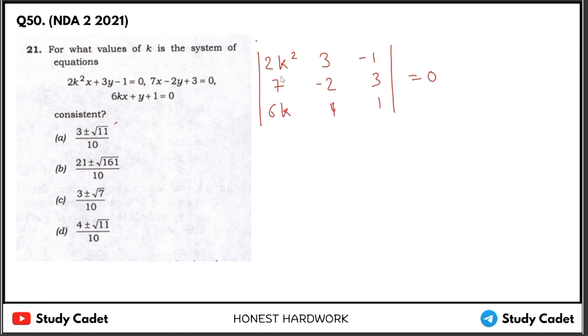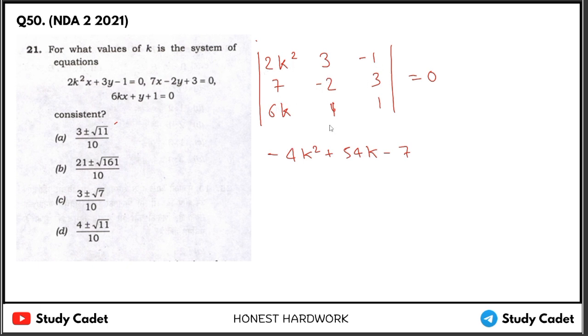So what will be the value of the determinant? We can add both rows, or we can simply go minus 4k square, this, and then 3 3 9, 6, 54k, and then minus 1 7 minus 7.